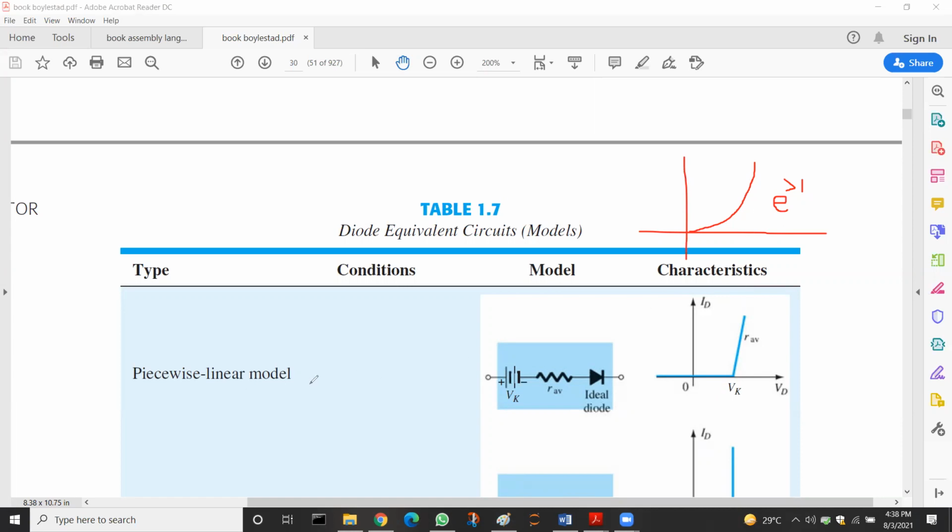Whereas the rest of the models presented in this Table 1.7 are primarily simplified versions, the equivalent circuits. So keep in mind that there are actually 4 models discussed in this book.